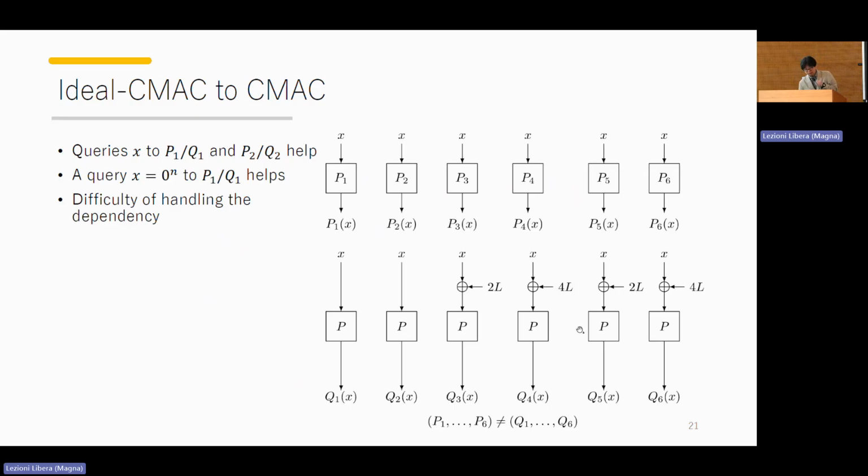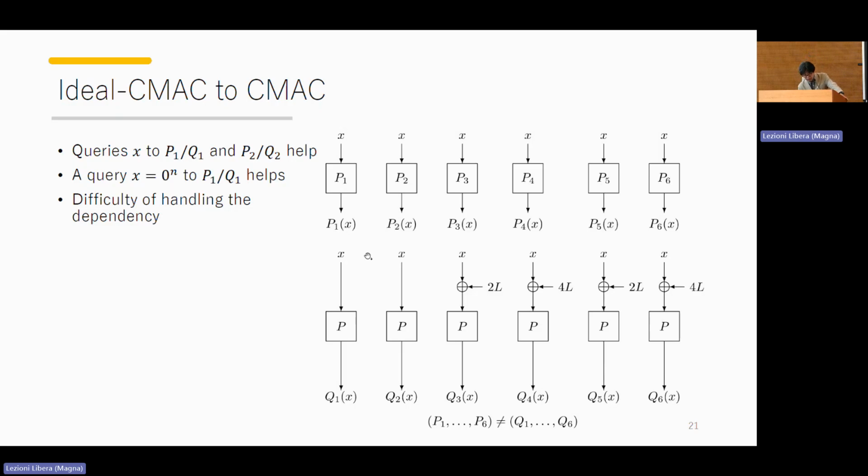Now we define 6 permutations, Q1 through Q6 written here, from a single random permutation P. And if we can show that these 6 permutations are close to 6 independent random permutations, the proof will work, but we cannot prove such an indistinguishability.